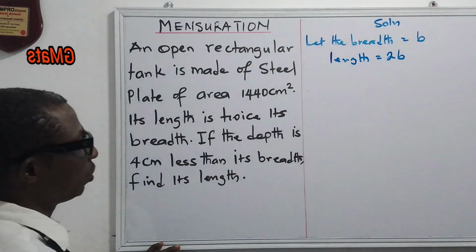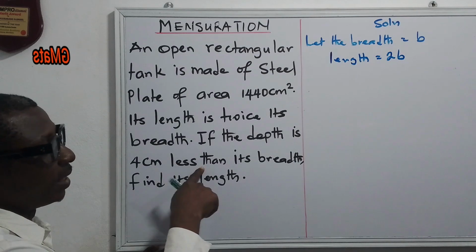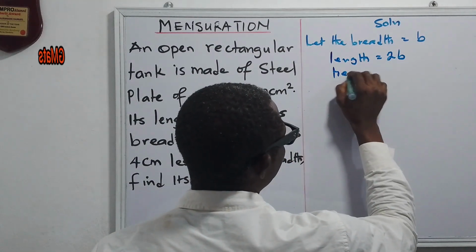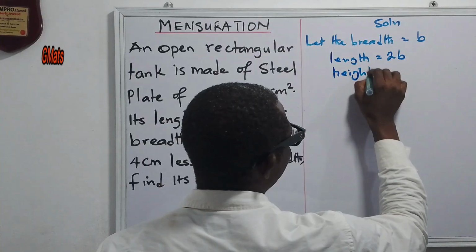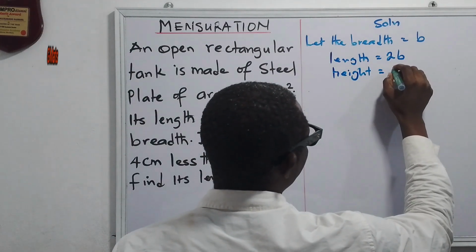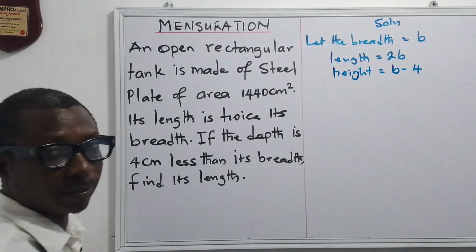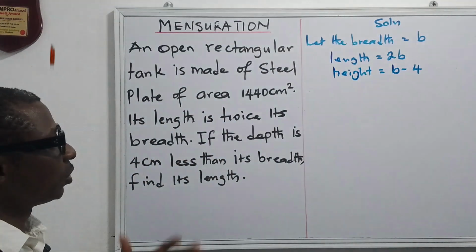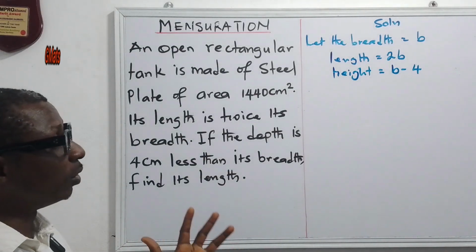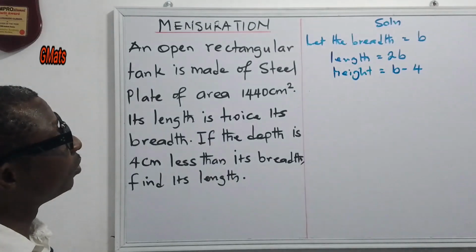Now, also the depth is 4 centimeters less than its breadth. So the height is the same thing as B minus 4, all in centimeters.